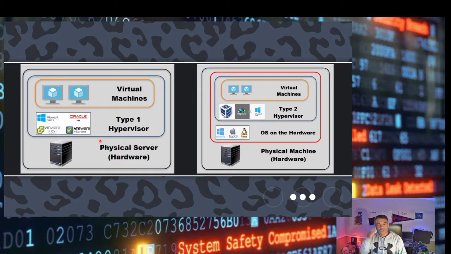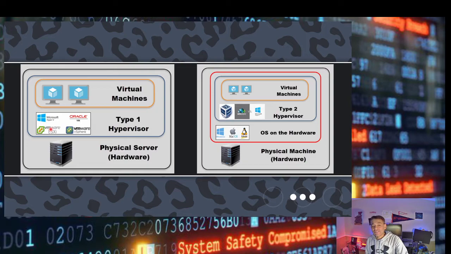So picture yourself having a powerful server hardware in front of you, which is depicted by this picture right here. Imagine this is the server hardware that was given to you, and you want to use that server hardware to create virtual machines on it. In order to do that, you will need to install a type 1 hypervisor software. An example of type 1 hypervisor software is VMware ESXi.